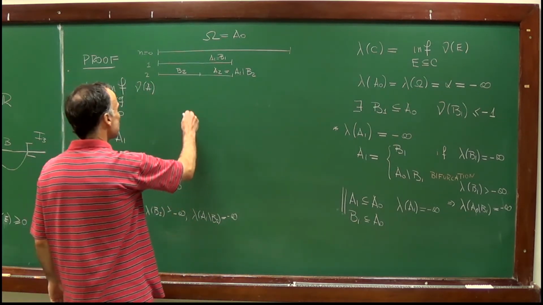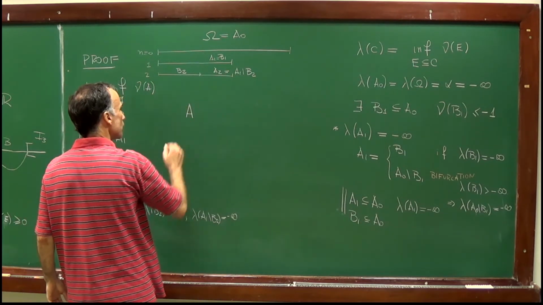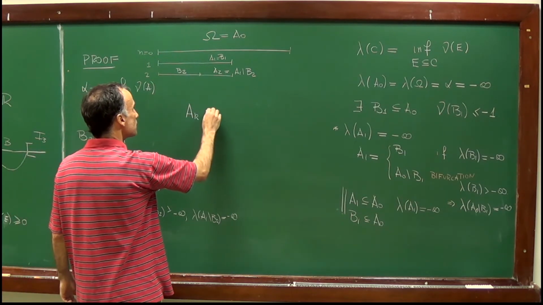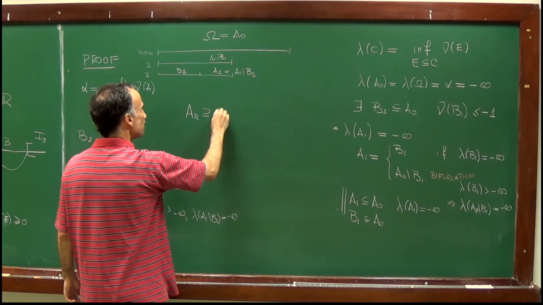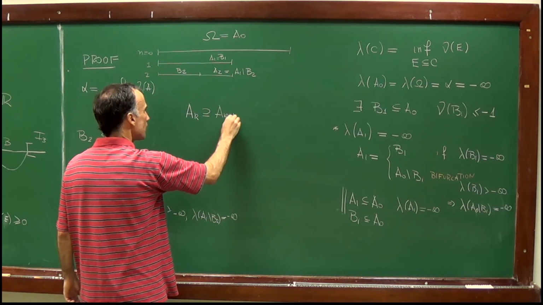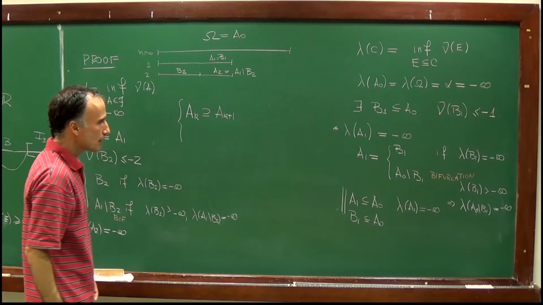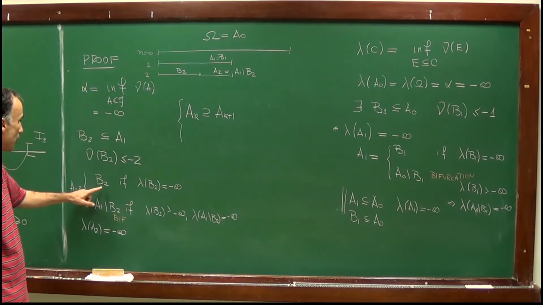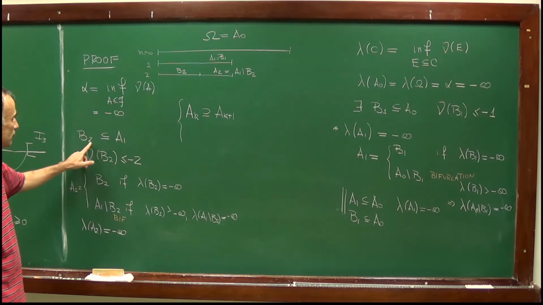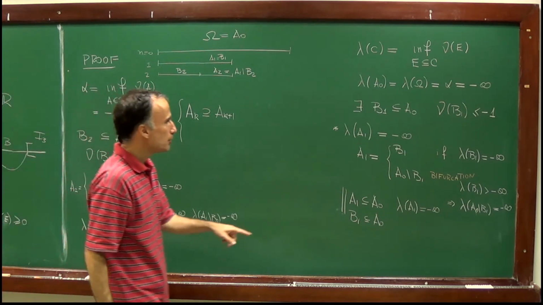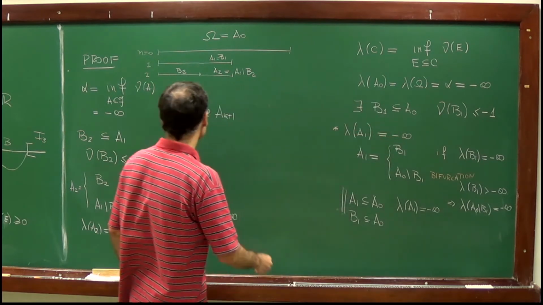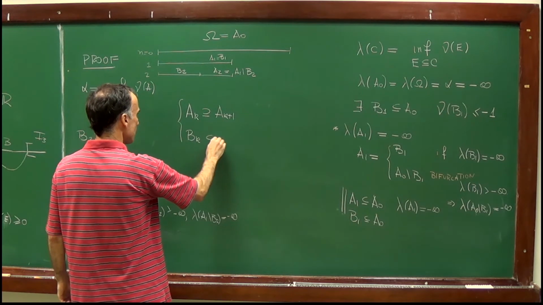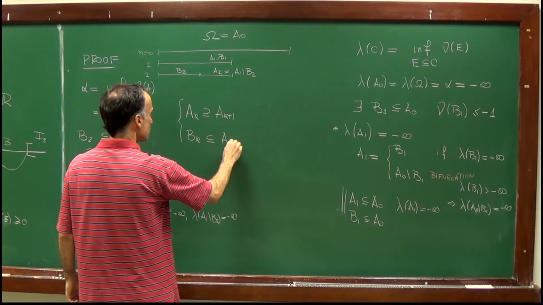So let me write that. What we are obtaining here is a sequence a_k which is decreasing. And what's important in my argument now is the fact that b2 is contained in a1, b1 was contained in a0, so we have also the fact that b_k is contained in a_(k-1).